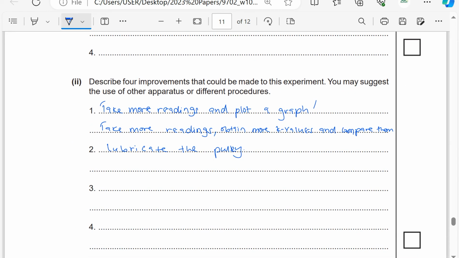If the stand was moving, you just fix the stand on the table using a G-clamp, or simply add weights to the base of the stand to prevent it from moving.